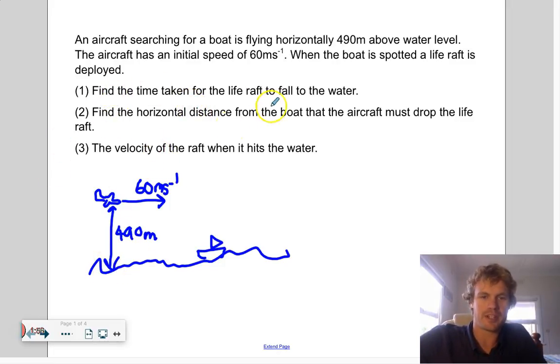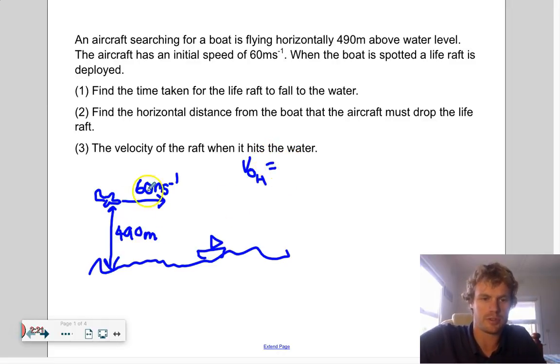So we want to find the time taken for a life raft to drop from the plane to hit the water. The only things we know currently are the initial horizontal velocity, which I shall call V0H, H representing horizontal.